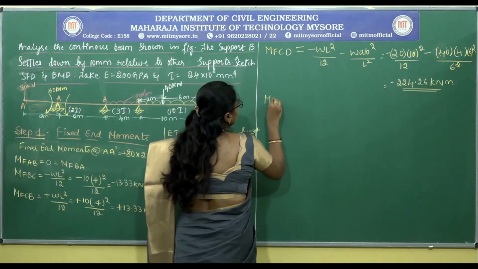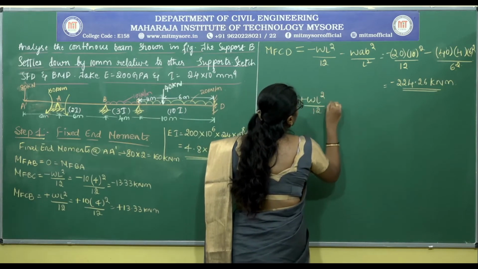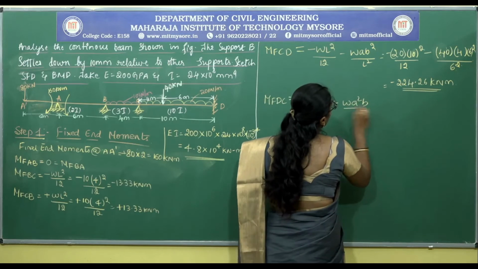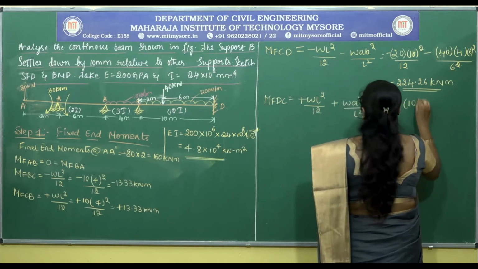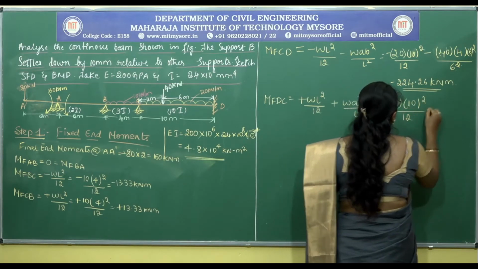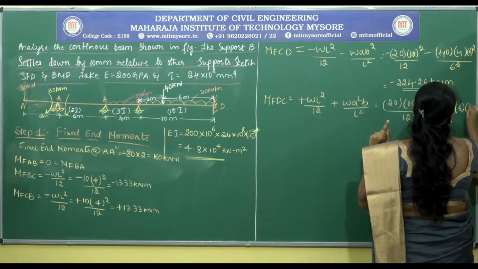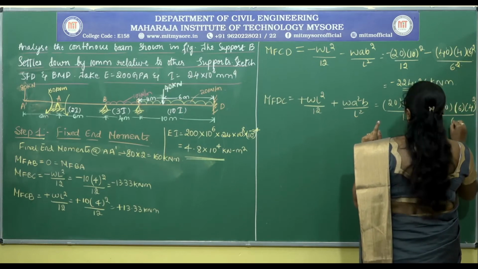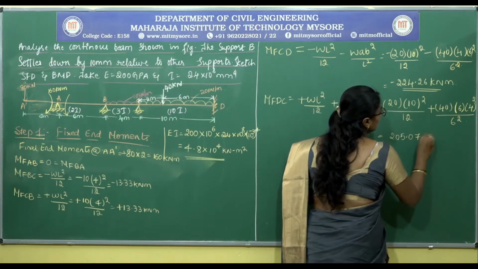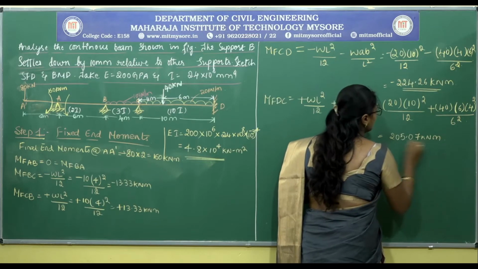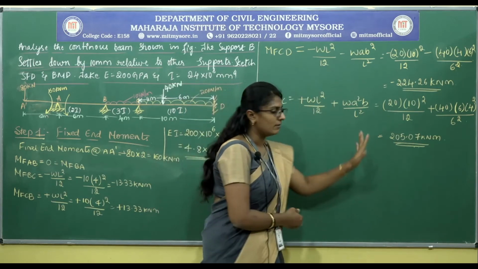Then MFDC is plus WL square by 12 plus W A square B by L square. So here W is 20, length is again 10 square divided by 12, plus W is 40, A is equal to 6, 4 square divided by again length is 6, 205.0. So this is the value for MFCD and MFDC.